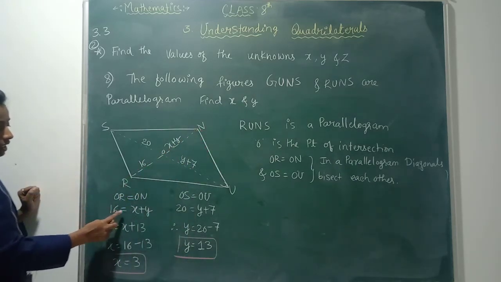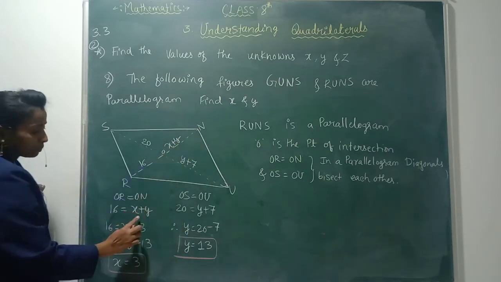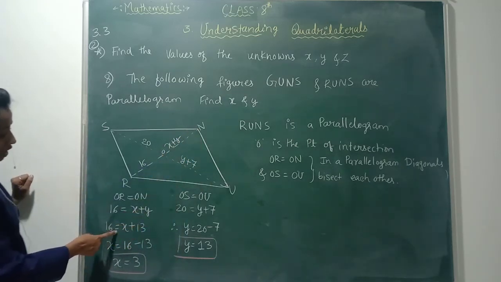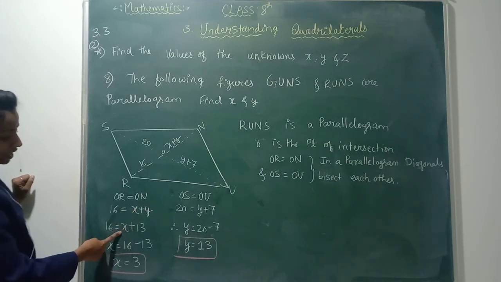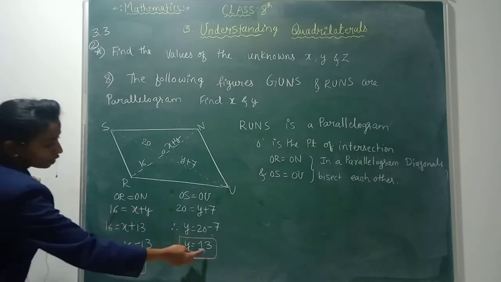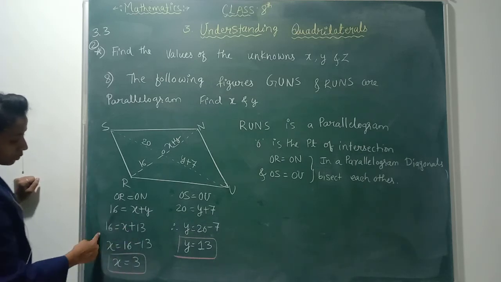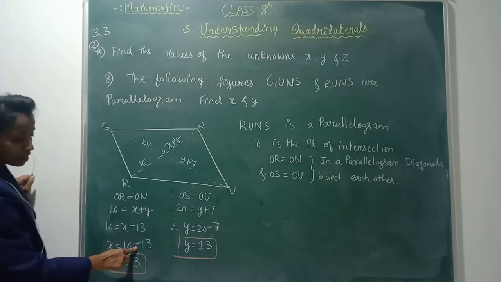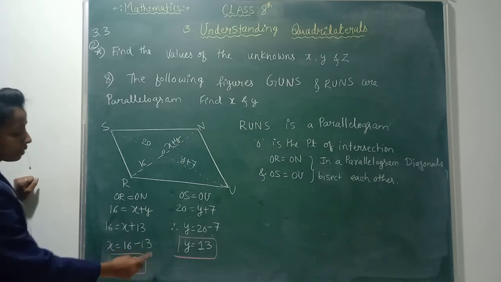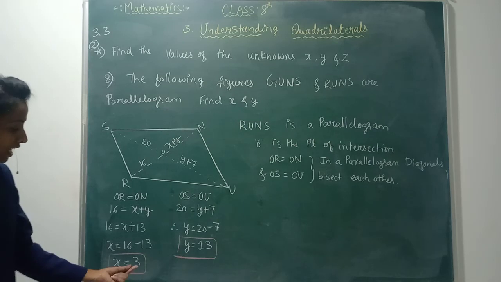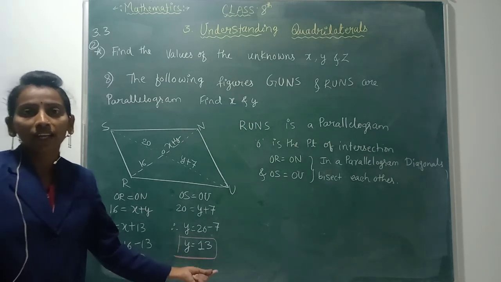OR is 16 is equal to ON is X plus Y. So put the value of Y. So 16 is equal to X, keep as it is, plus Y value 13. So we are finding X value, means we are transposing 13 to this side, means it becomes minus 13. So 16 minus 13 is equal to 3. That X value we got as 3 and Y value we got as 13.